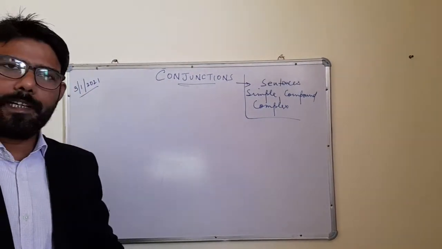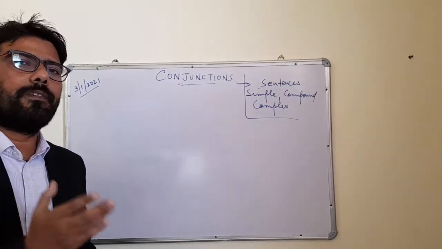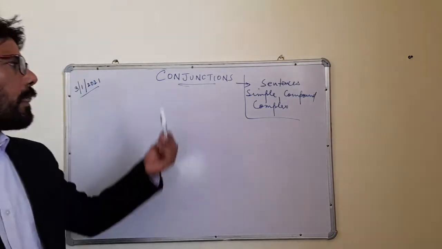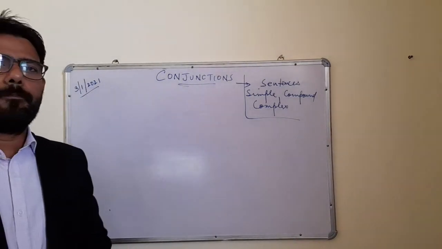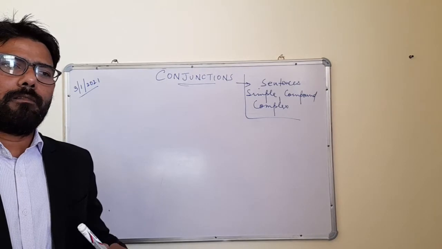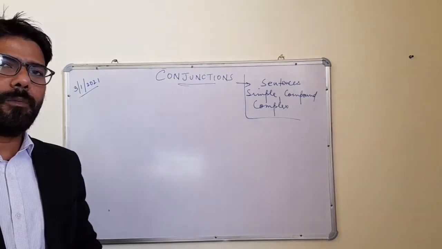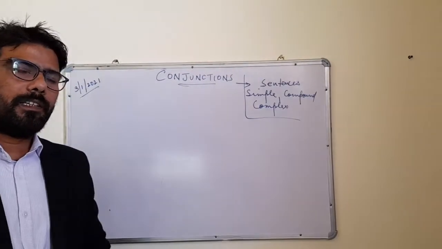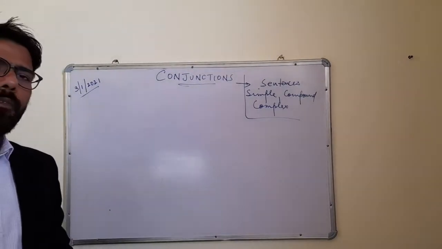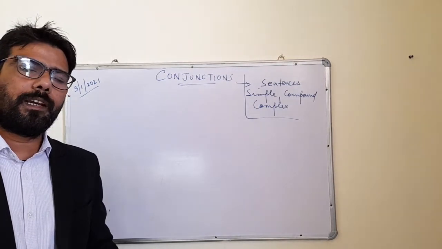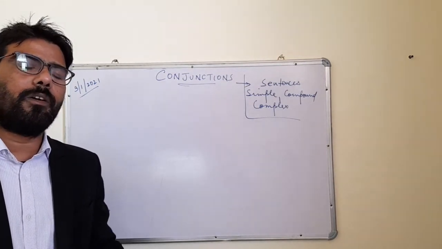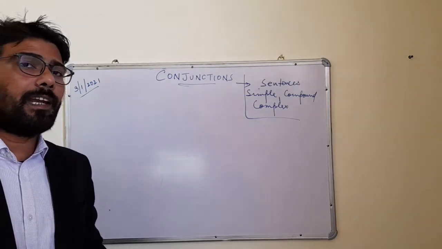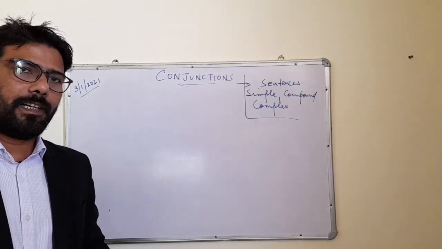Now children, we have already done conjunctions in our previous classes, in classes 6 and 7. So how do we define conjunctions? And like every chapter has a goal, an objective, why are we learning conjunctions? Before I give you the definition, the objective is very clear, children: whatever grammar we do in classes 7, 8, 9 or 10, it just enhances our writing skill and our speaking skill, right?